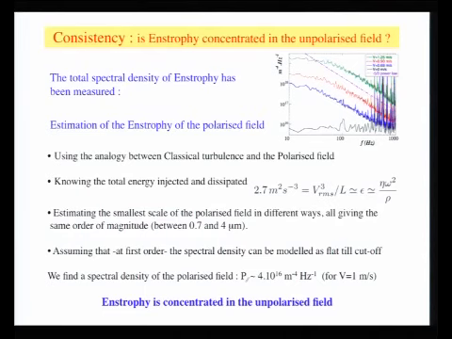First, we assume that the polarized field behaves like classical turbulence. Now we have to put on paper all the information we know about the polarized field. We know all the kinematic energy injected in the fluid, from which we can infer the mean vorticity of this polarized field.